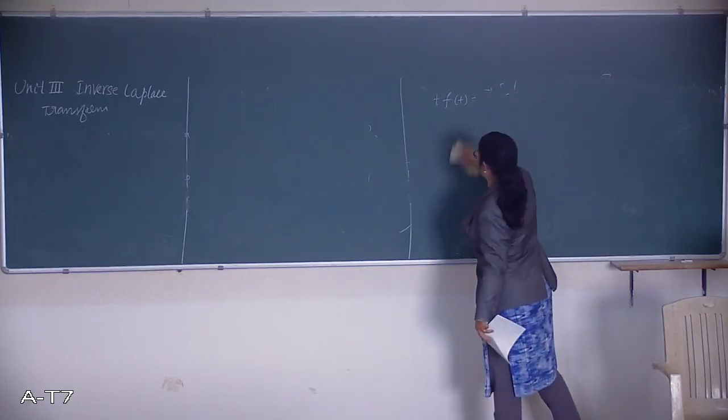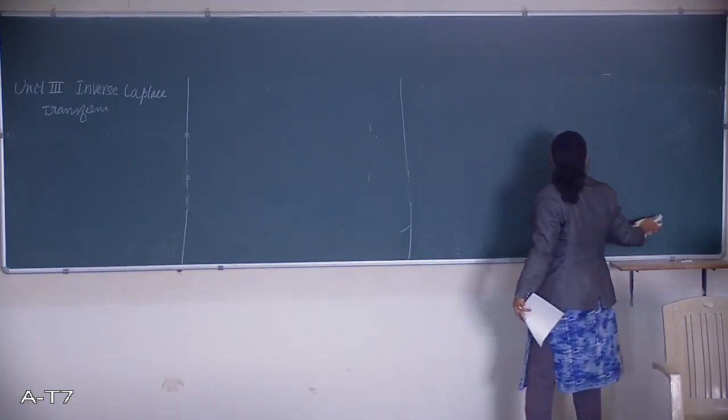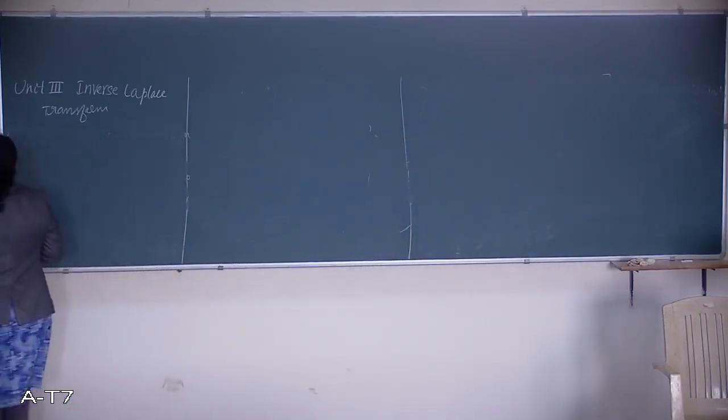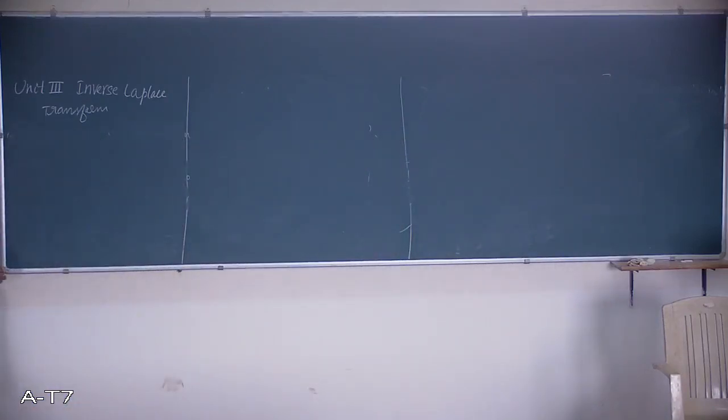Product means two terms, two functions are there. That gives rise to the convolution theorem. Statement and proof I am not going to discuss here. Only you remember, when two functions are there, the best way to solve is the convolution theorem.